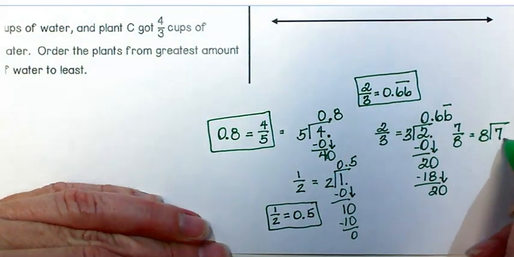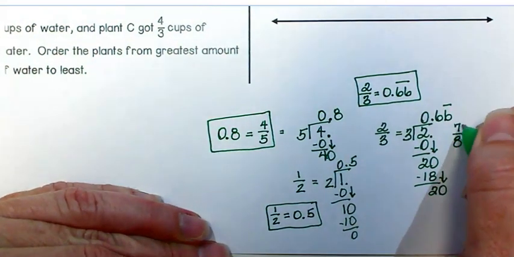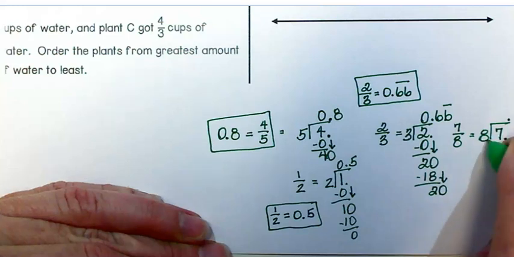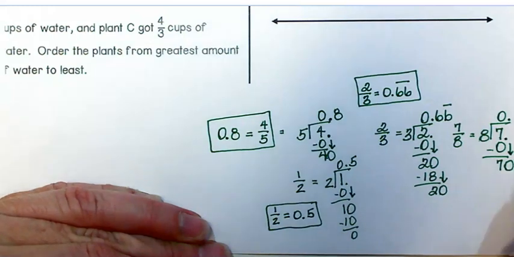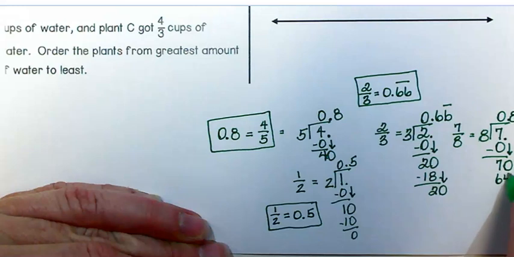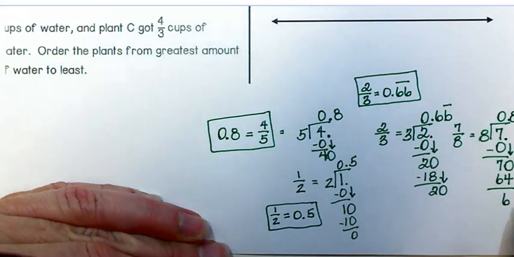All right. 7 divided by 8, 7/8. 8 will not go into 7. 8 will go into 70 8 times. 8 times 8 is 64. I'm going to get a 6, and I'm running out of room. 8 will go into 60 7 times.